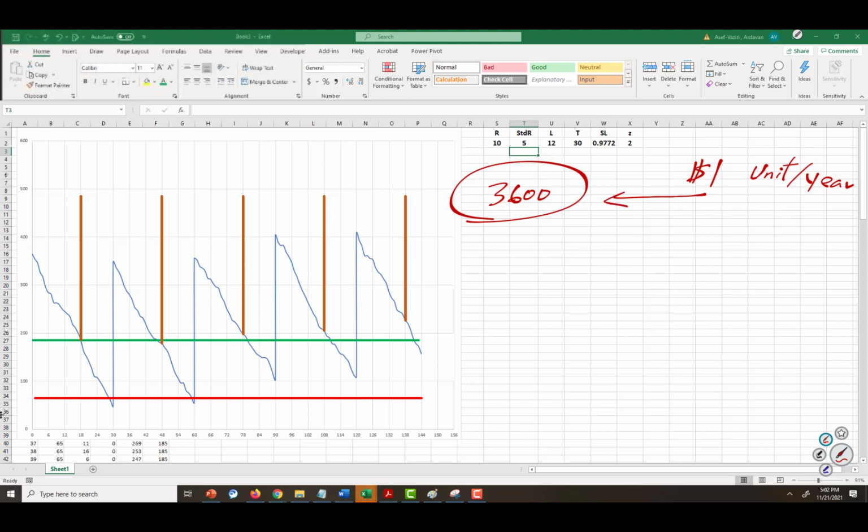But they are only there for 12 days out of 360 days, because we assumed 12 months and each month is 30 days, and 10 units per day, that was 3,600.